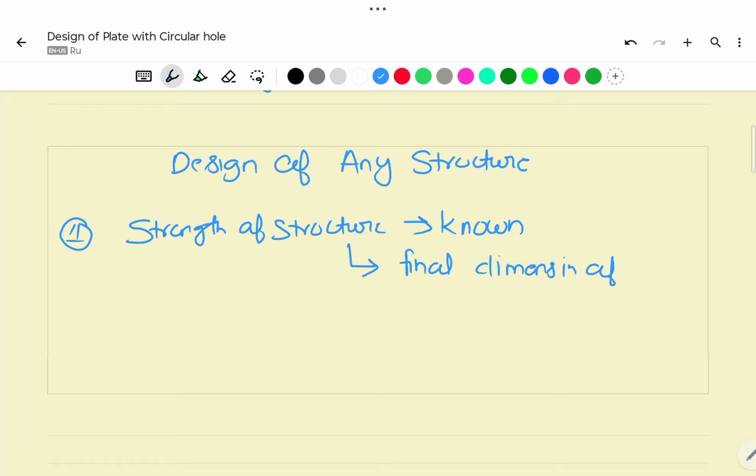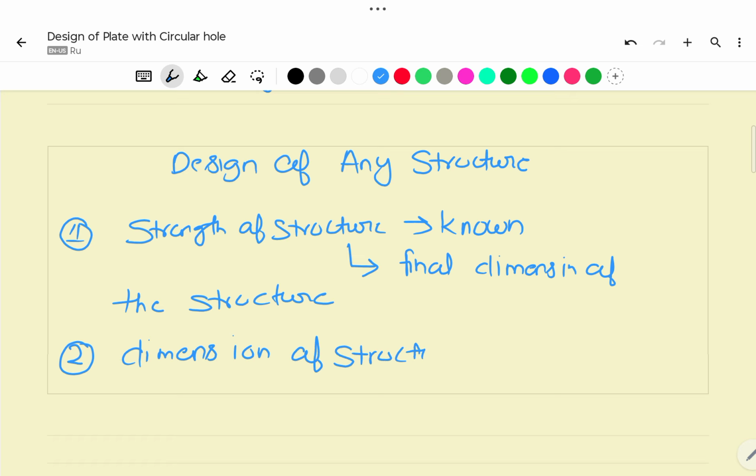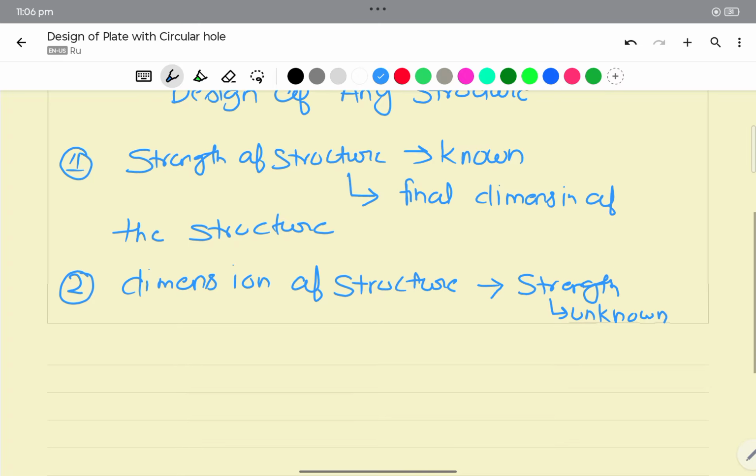The second case is that we know the dimensions of the structure, and we need to know what the strength of that structure is. The strength is unknown. Strength is nothing but the maximum load the structure can carry.